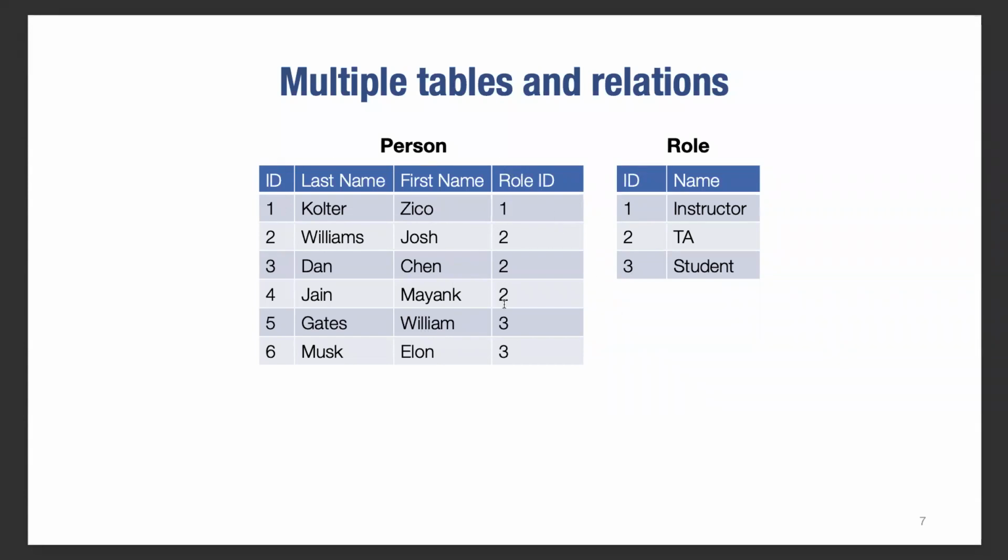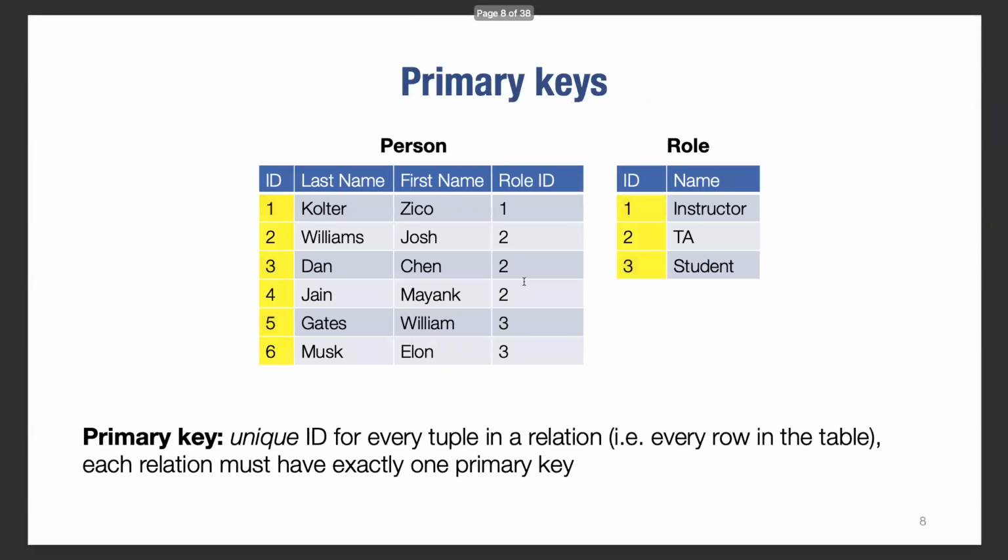Now, what role ID is doing here, what it is serving us, we're going to look at in the coming slides. So I just asked, what does role ID stand for? But first and foremost, what does ID in this table mean, and what does ID in this other table stand for? Now, IDs are typically identifiers, and for them to do their jobs very well, they need to be unique identifiers.